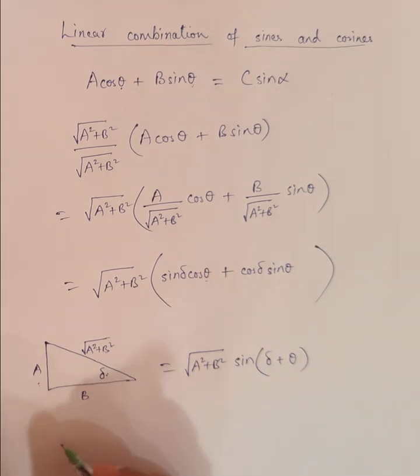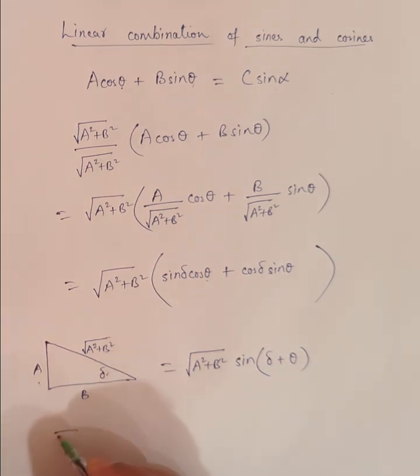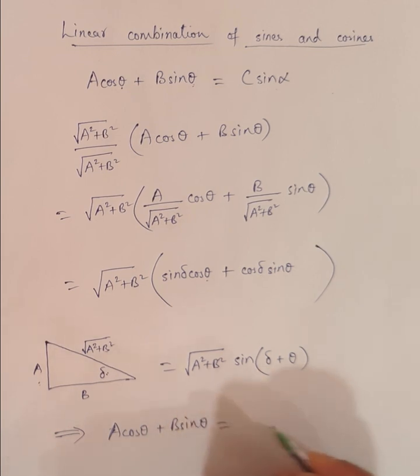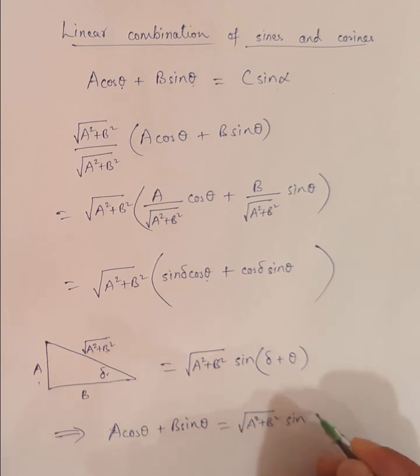So you can see that what we just proved is a cos theta plus b sine theta is given by this expression, square root of a square plus b square sine of delta plus theta.